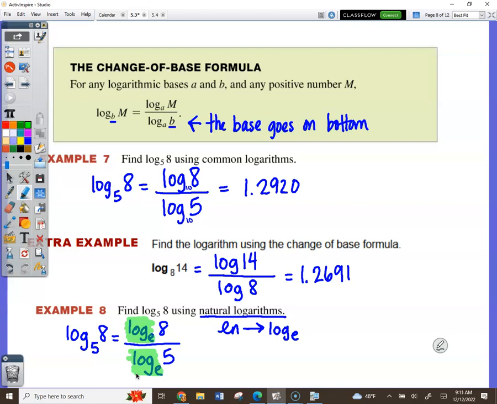The natural log, which is ln. So I'm going to write right here, this would be ln of 8 over ln of 5. They are one and the same. And then now you can type in your calculator ln of 8 divided by ln of 5. And you should notice you get the exact same decimal as right here when we did log base 10. Did you notice that?